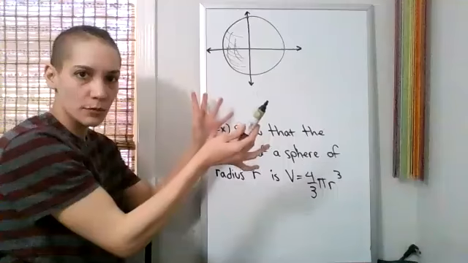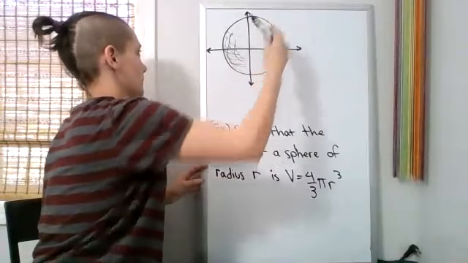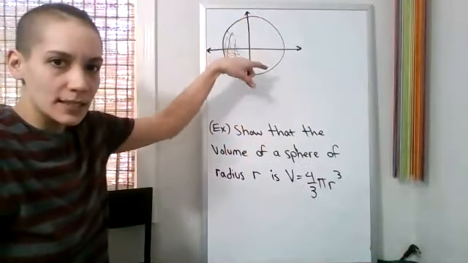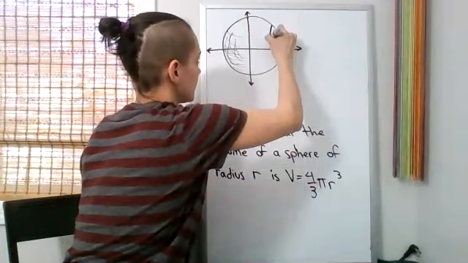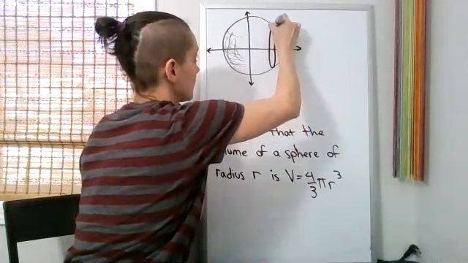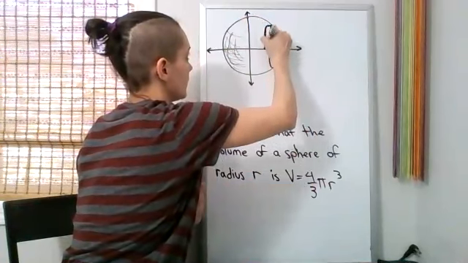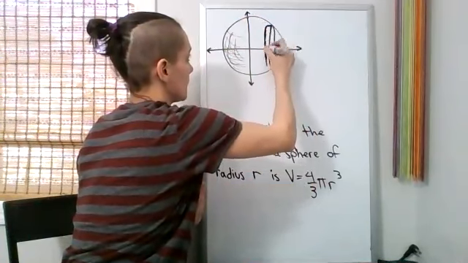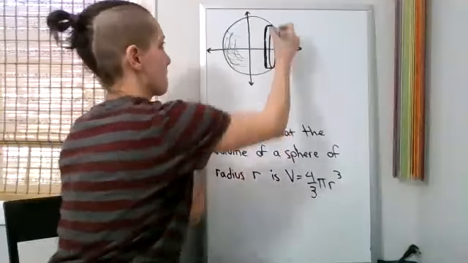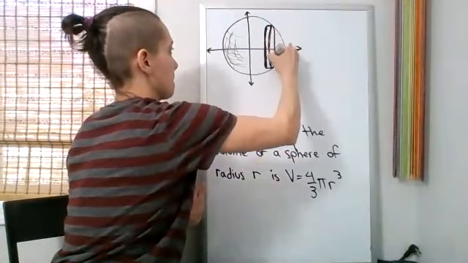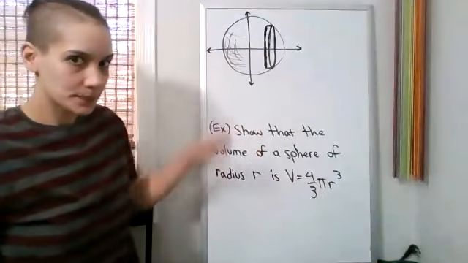It's supposed to be round. Okay, and then we're going to take a slice. So I'm going to draw kind of like this, over and down. Okay, that's my disc right there.